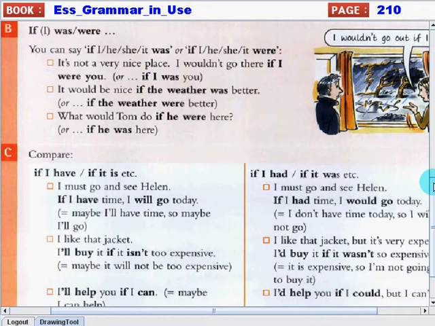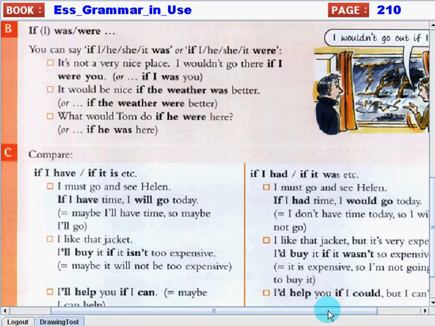In our previous video, we learned that we use the word if plus past tense of verb plus conditional structure for talking about unreal situations in the present or in the future.